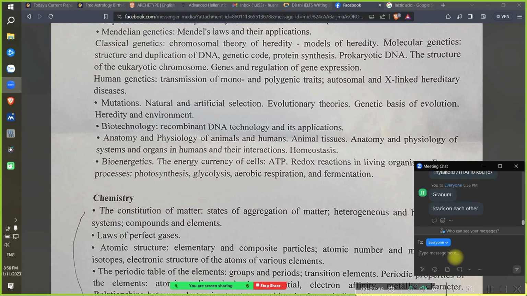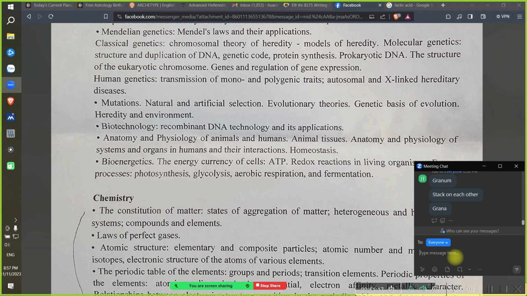Nhiều cái thylakoid nó chồng lên nhau mới tạo thành cái granum. And grana is the plural form of granum. You know, there are many grana. Cái dạng số ít số nhiều thôi, granum grana. Nhiều cái granum thành grana, số nhiều. Yeah. So the stack of thylakoids is known as granum, and as you say, the plural of granum is grana.